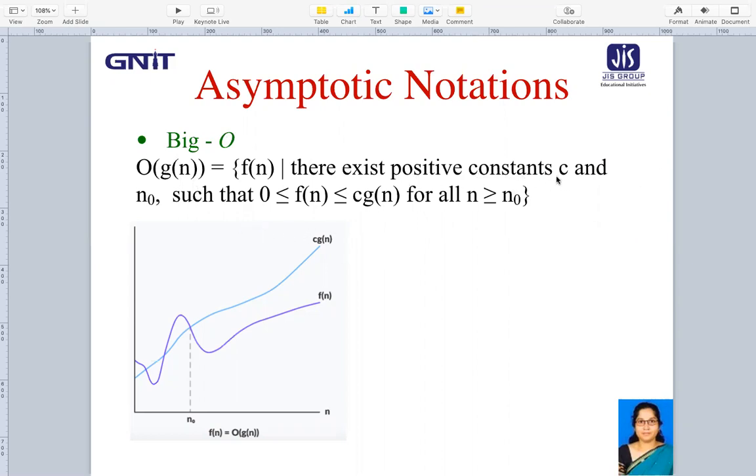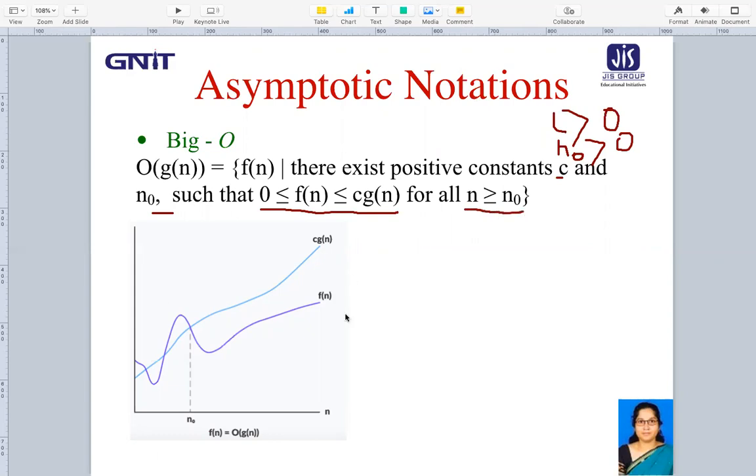So these are positive constants c and n0, and their value will always be greater than 0. So c will be greater than 0 and n0 will also be greater than 0. For these two positive constants, the inequality 0 ≤ f(n) ≤ c·g(n) holds, and the value of n should be greater than or equal to n0.